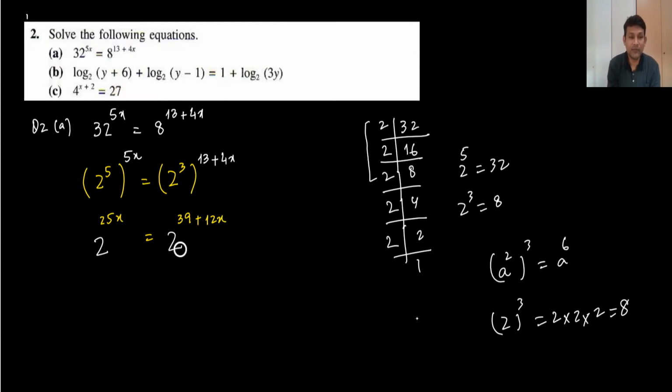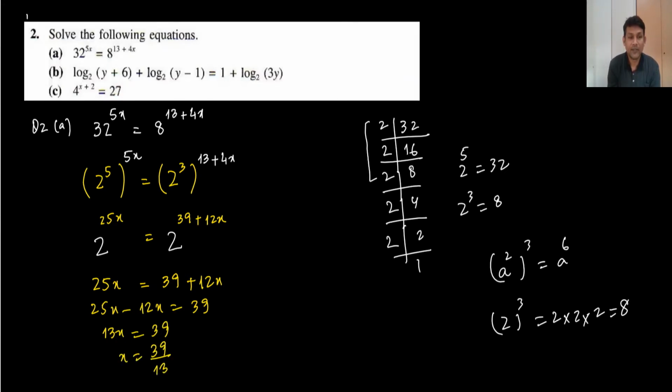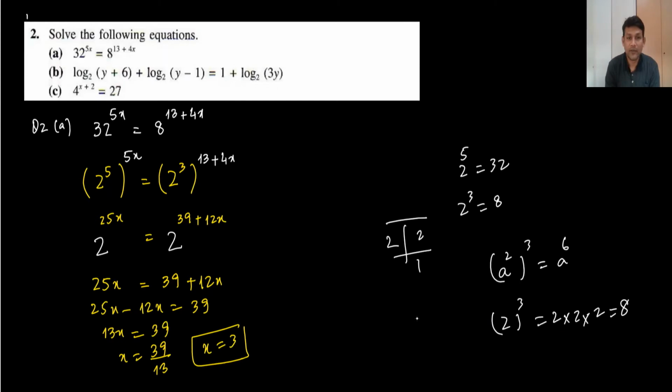Now the base is the same, we can compare the powers. So 25x is equal to 39 plus 12x, and when we move, 25x minus 12x is coming 13x, and when we divide 39 by 13, it is coming 3, and we have done it. So this is the way we have done question number 2 part A.